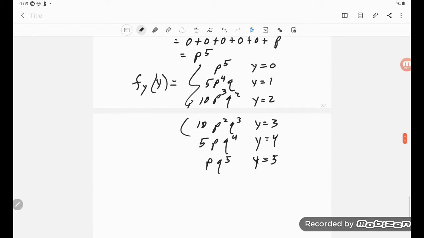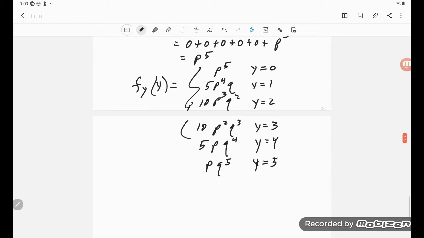Okay, so these values here are the same as the joint distribution f of x, y, but it does differ just in that this would be fy of y only. The only thing that's changing here are the y values.